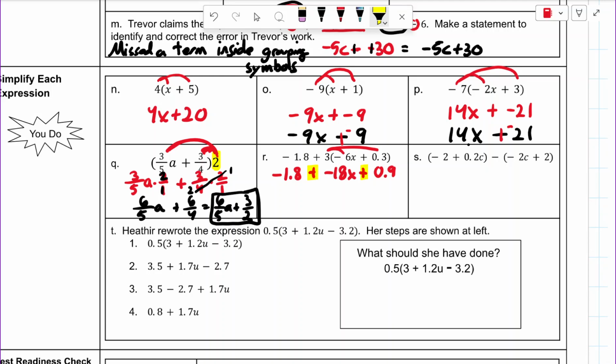So here they are. This is negative 1 and 8/10 plus positive 9/10. And that's going to give me negative 9/10 plus negative 18x. Another way to write this is put the negative 18x in the front, and then put the negative 9/10 in the back.